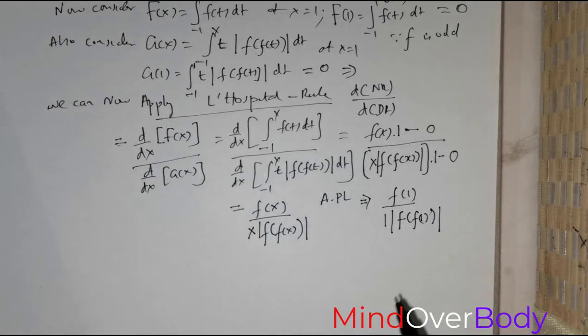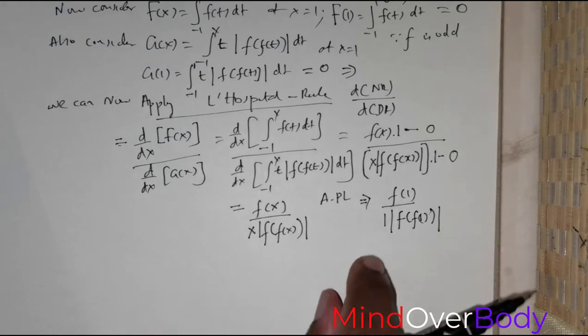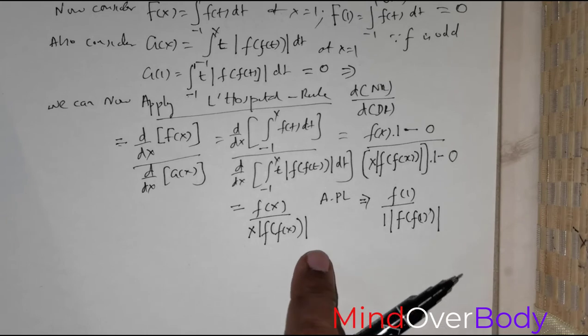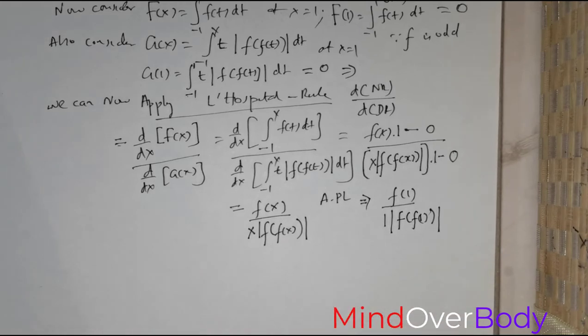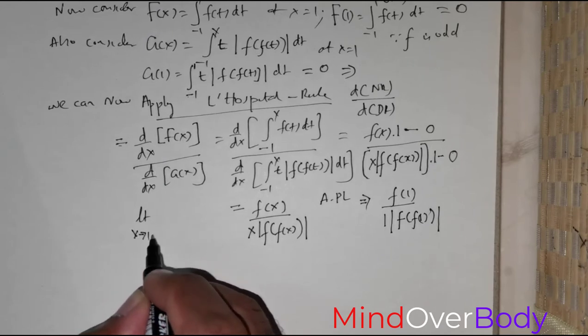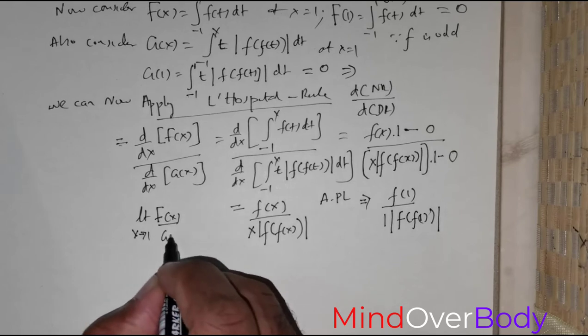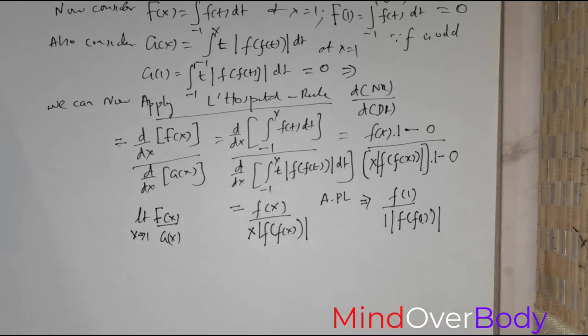Now what is exactly on the left side? If we were to apply the limits, we would have to apply the value of x to the function also, because on the left side it is nothing but limit x tending to 1 of f of x divided by g of x, right?